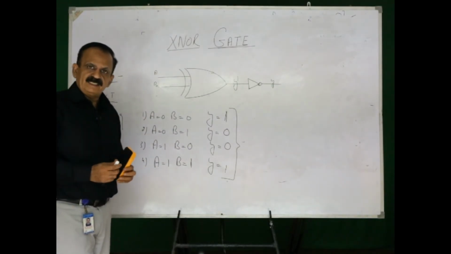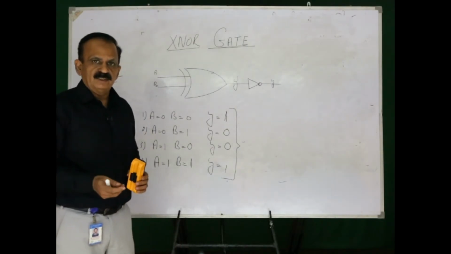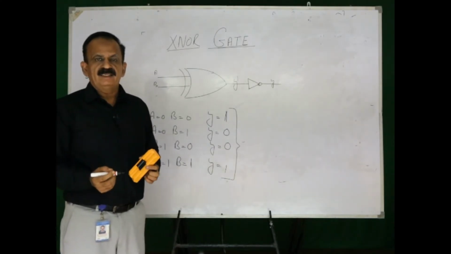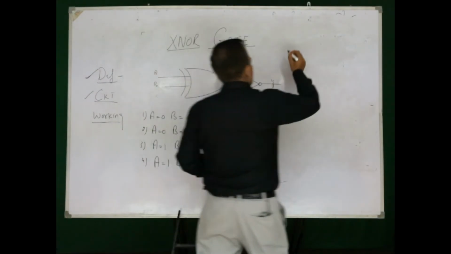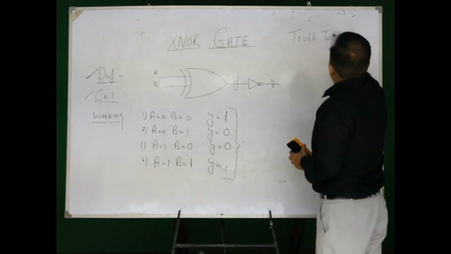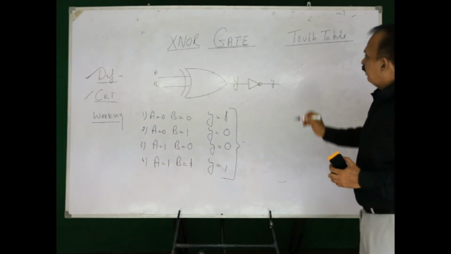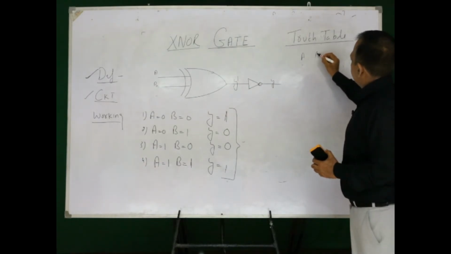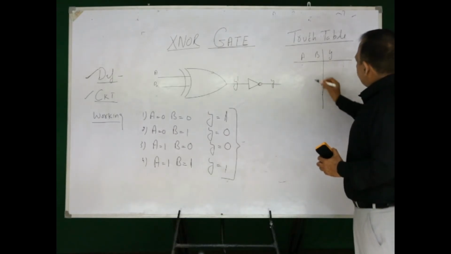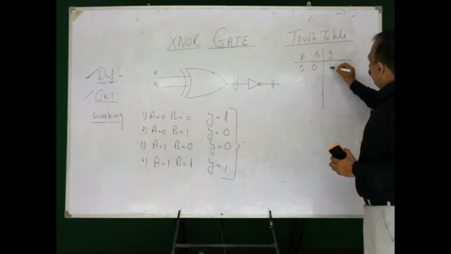So a logical circuit with one output and two or more inputs, the output will be high when the number of high inputs is even. Truth table, that is a table showing all input output combinations A, B and this one is Y. When both are 0, yes, the output is going to be 1.